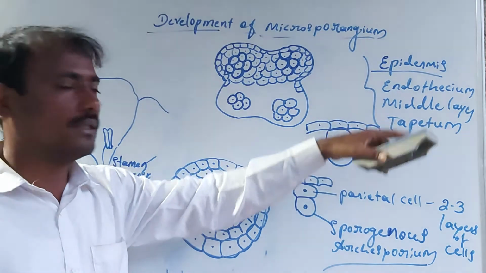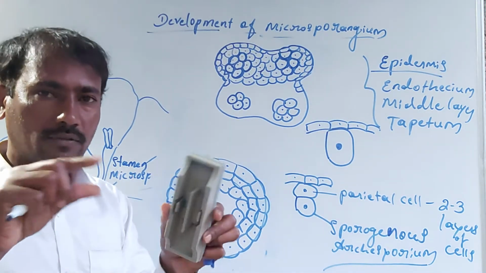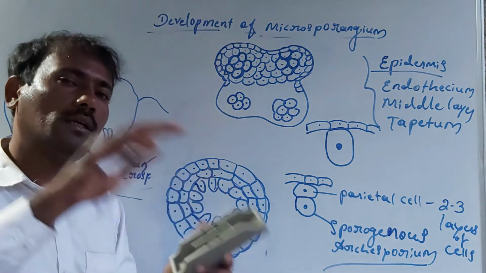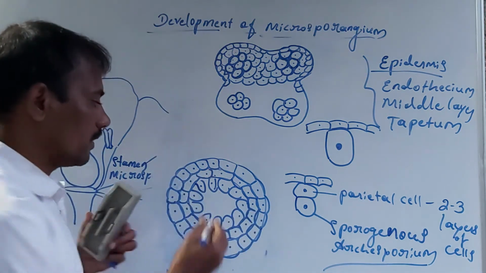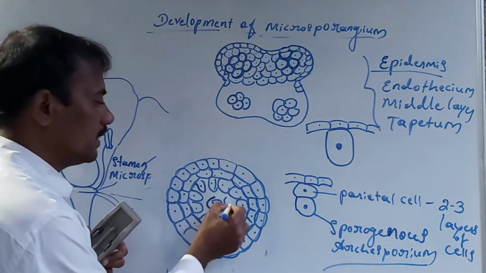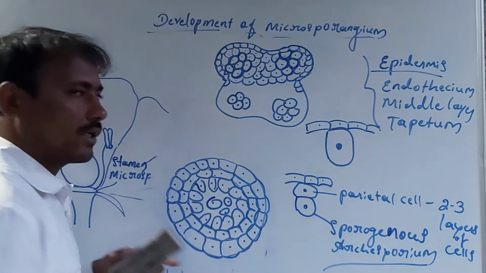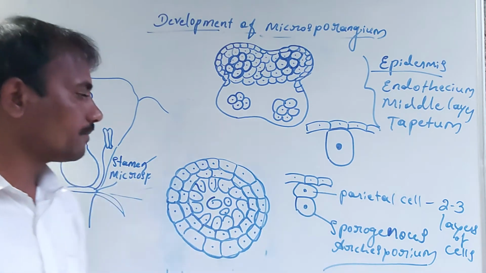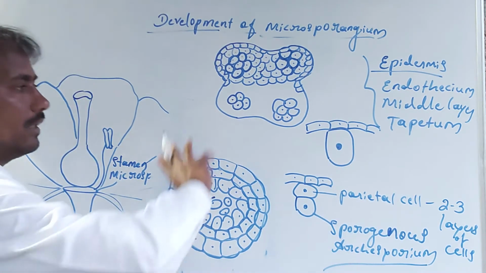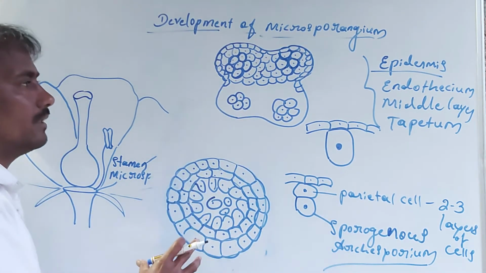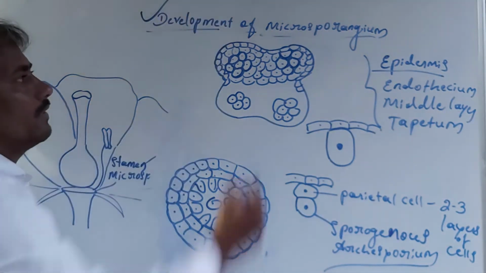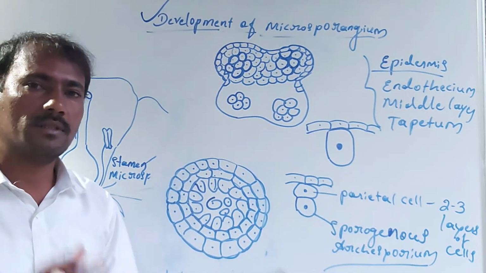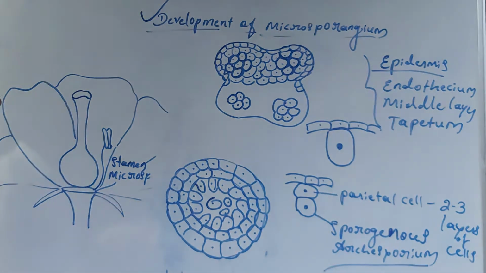Next is the tapetum, the layer of cells directly abutting the inner sporogenous cells or archesporium cells. In this fashion, the development of the microsporangium takes place on the thalamus of the flower.